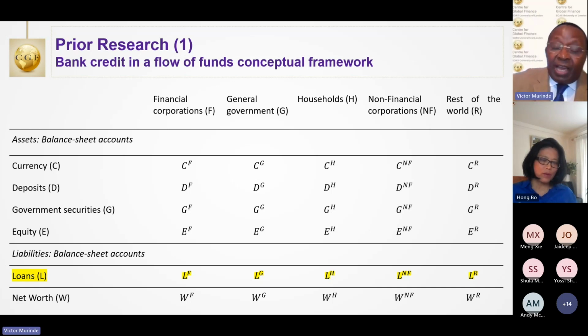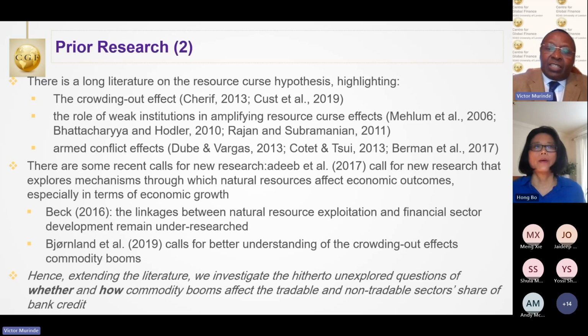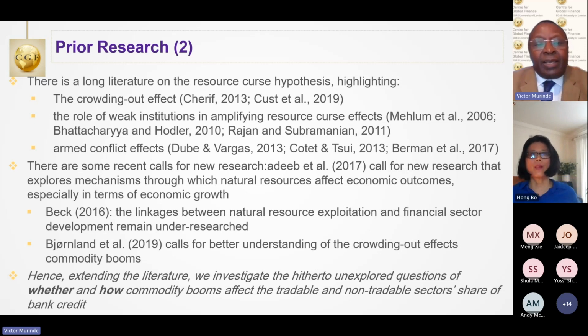And that's what we're going to find out, also by looking into other dimensions of the literature or previous research in this particular area. But let us just look at a couple of findings and the emphasis from this literature, especially the long literature on the resource curse hypothesis.